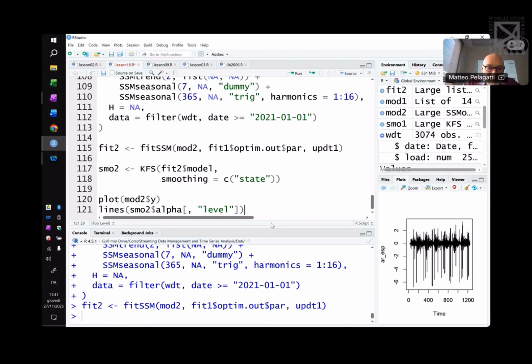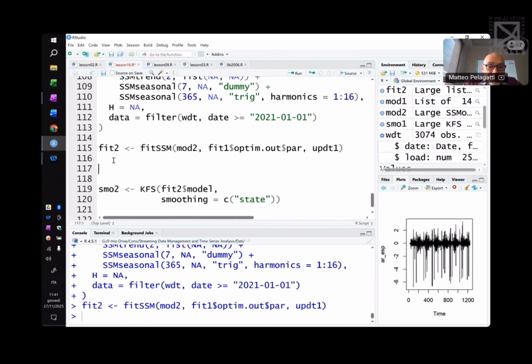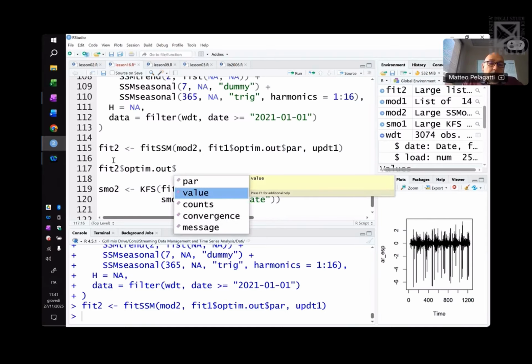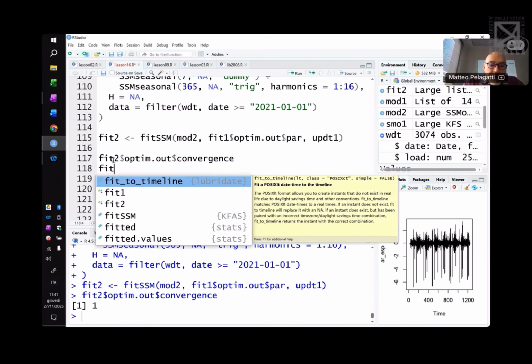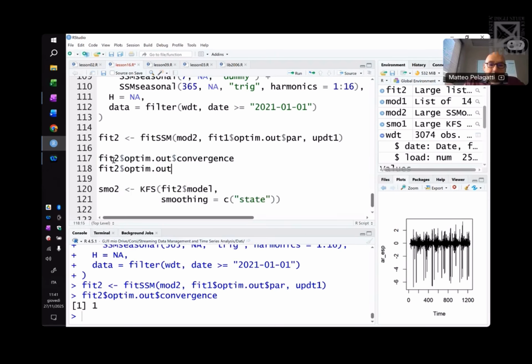So this was estimated. So let's see if the estimation went fine. Actually, in my case, it reached the maximum number of iterations. So it could be not in the final minimum, but let's just go on, pretending it's fine. You can see that from the message if you don't know how to interpret.